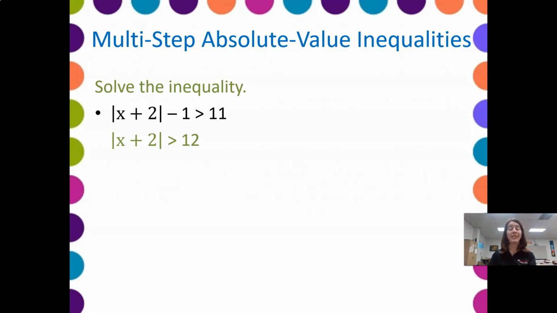Well, negative 12 is to the left. So I'm taking what's on the inside of our absolute value, the x plus 2, and I'm saying less than because it went to the left of negative 12. Or my other option was to go to the right. Again, I'm taking what was on the inside of the absolute value, the x plus 2, and I'm saying greater than because I went to the right, so I have to go to the right of positive 12.